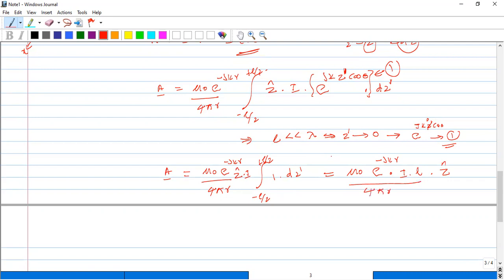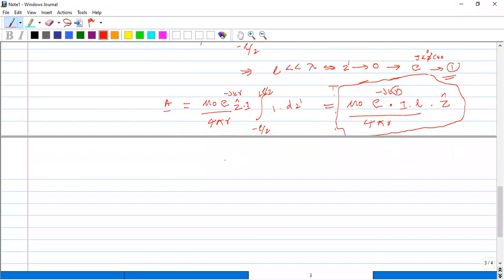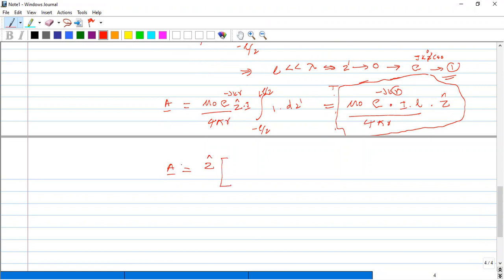This is the magnetic vector potential at distance r due to this current distribution, due to this infinitesimal dipole. You can write it as A equal to z hat, which is the direction of this magnetic vector potential, mu naught I L divided by 4 pi r, e to the power minus jkr.